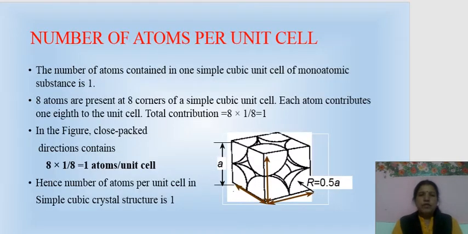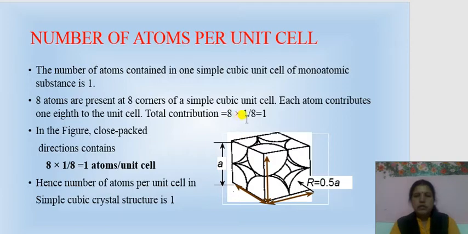First characteristic, number of atoms per unit cell. The number of atoms contained in one simple cubic unit cell of a monoatomic substance is 1. 8 atoms are present at the 8 corners of the simple cubic unit cell, and the contribution to each unit cell is 1/8.